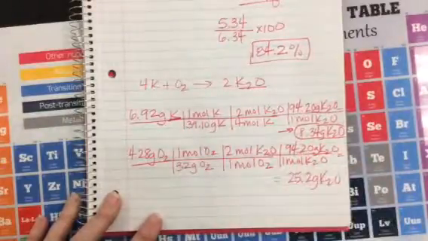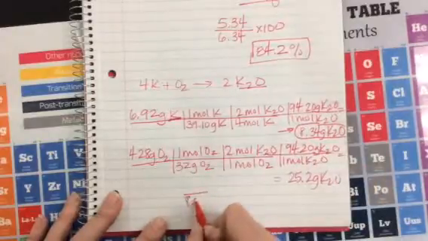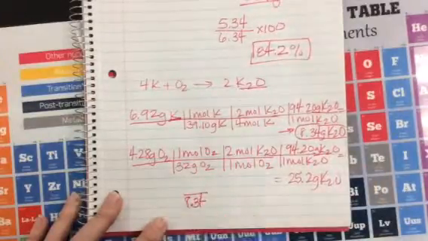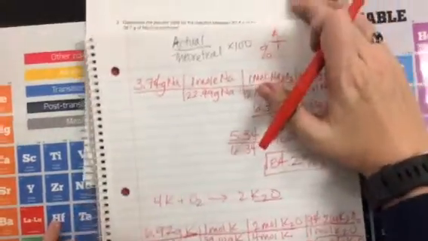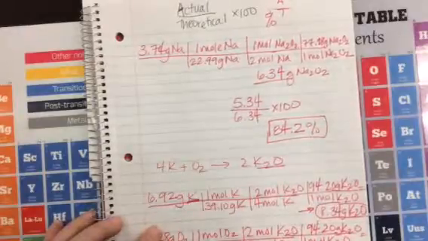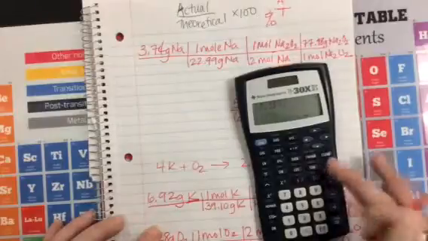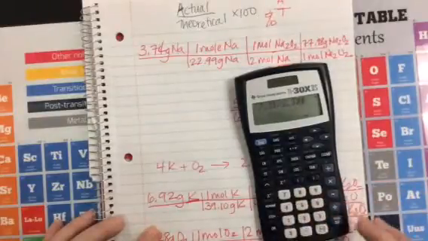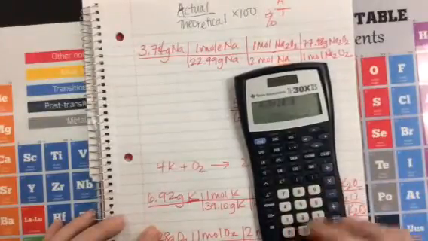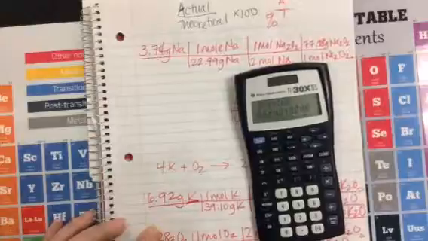This right here is the maximum amount that I can make. That is my theoretical. That number goes on the bottom. On the top, in the question, it said that we had 7.36 grams. So I take 7.36 divided by 8.34 times 100, and you get 88.2% yield.